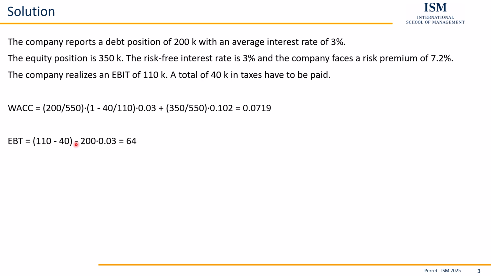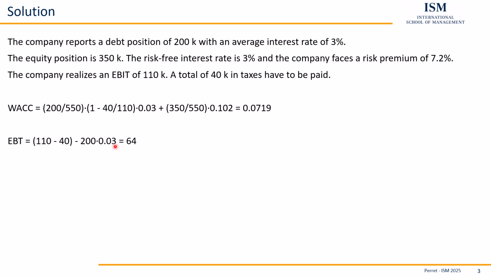Then we have to deduct the cost of debt. So it's overall debt times cost, as in times interest rate. So that's the amount of interest we have to pay every period. So here in the end we get 64. So that is earnings after taxes and after paying debt or interest, so to speak.